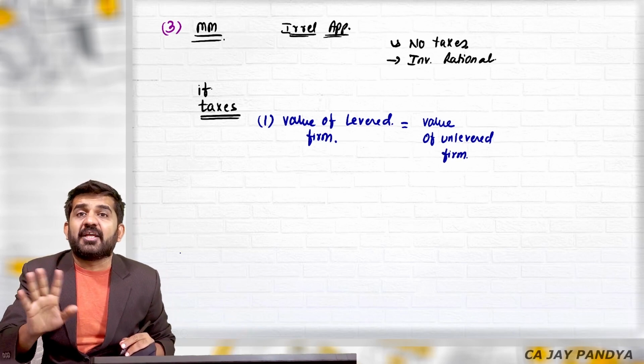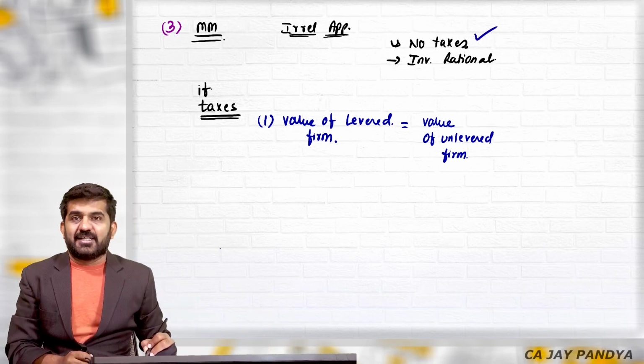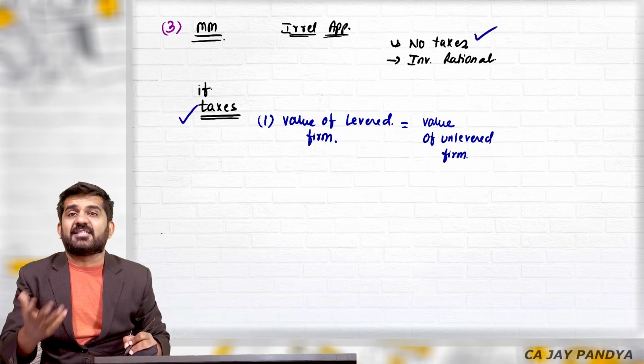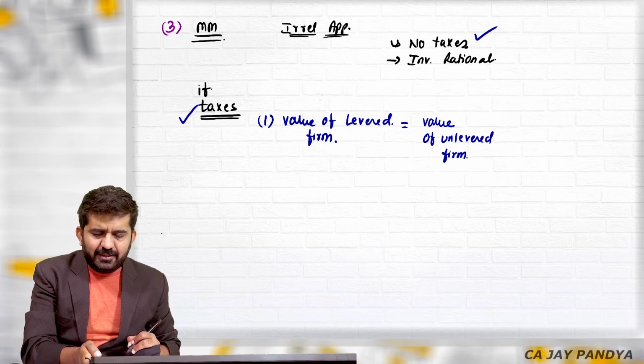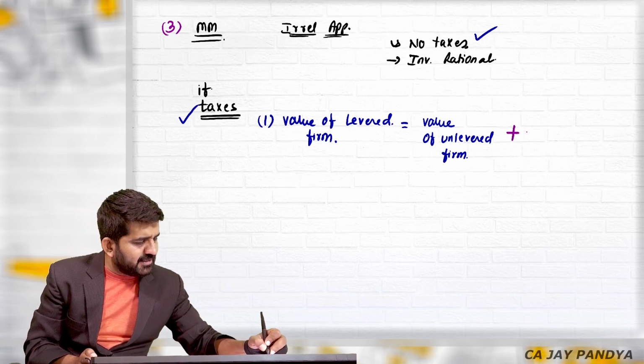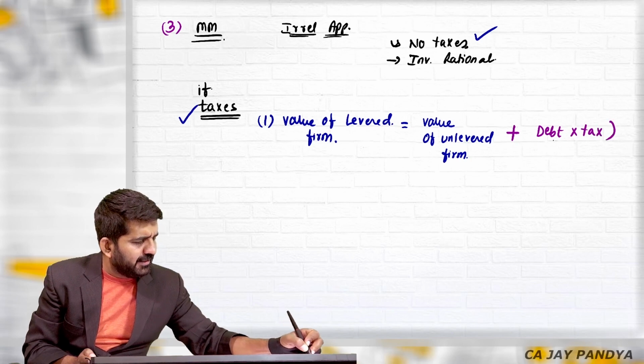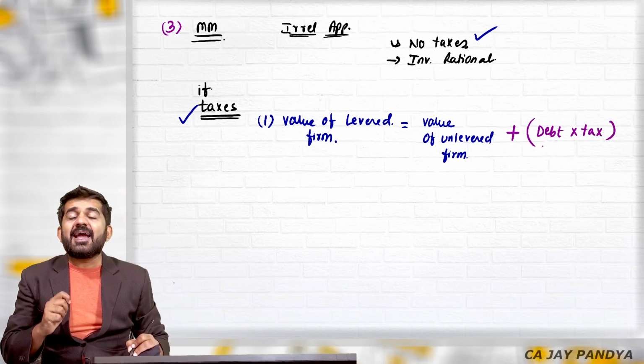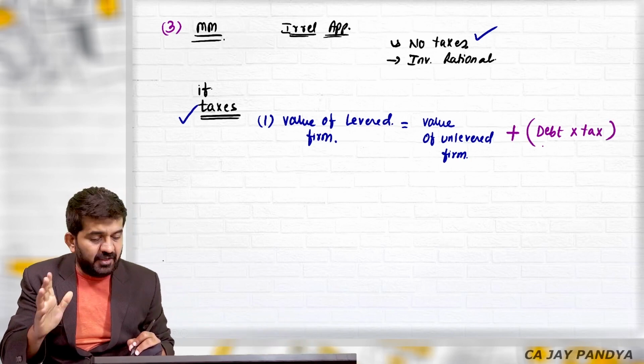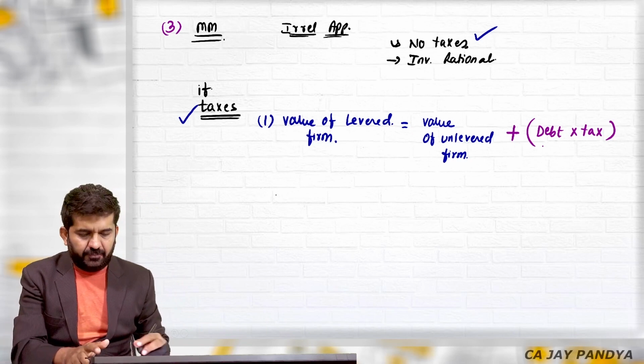Normally these both are equal if there are no taxes, but now we are assuming there are taxes, so it will be plus debt multiplied by tax rate. The tax benefit on debt is added to get the value of the levered firm.